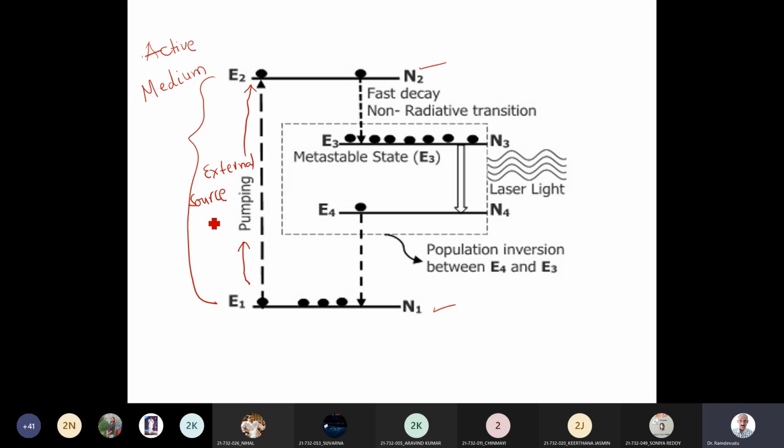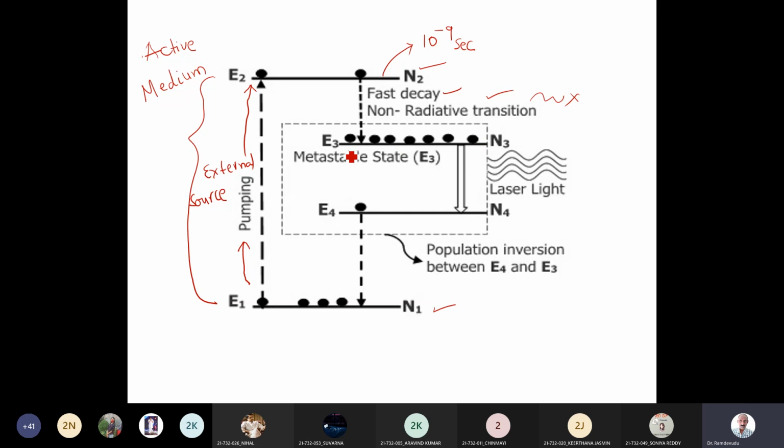If I pump them, atoms will move from lower energy level to higher energy level. But this higher energy level has a lifetime of 10 to the power minus 9 seconds. Therefore, whatever atoms I pump to E2 decay very fast, non-radiative, meaning no radiation comes out, and come to the E3 level.